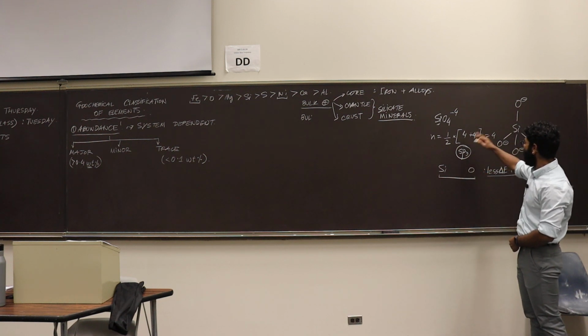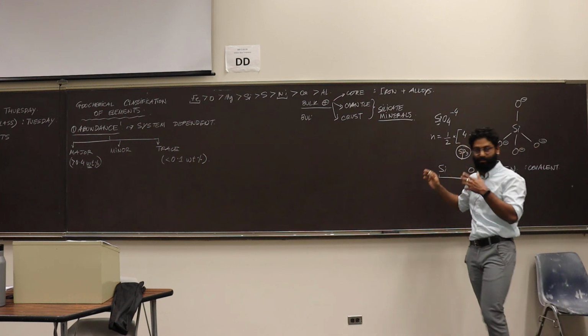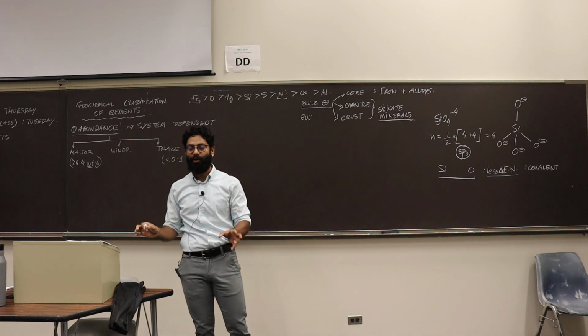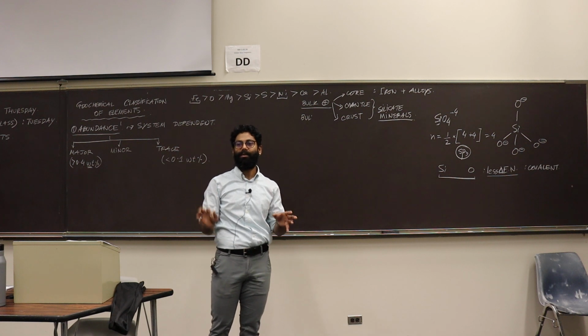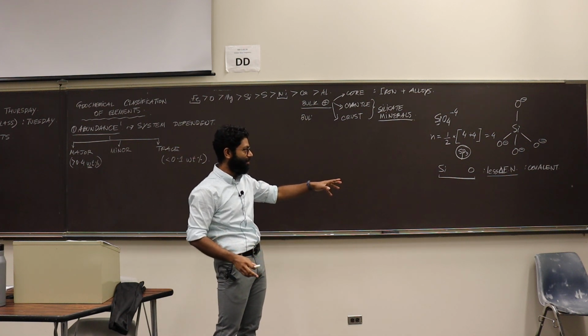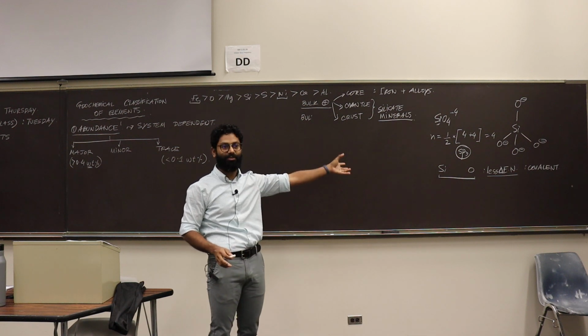And that is why you were able to find out this whole hybridization business, because hybridization is only true for covalent bonds. It's not true for ionic bonds. You cannot use the concepts of hybridization to find out structures like this.